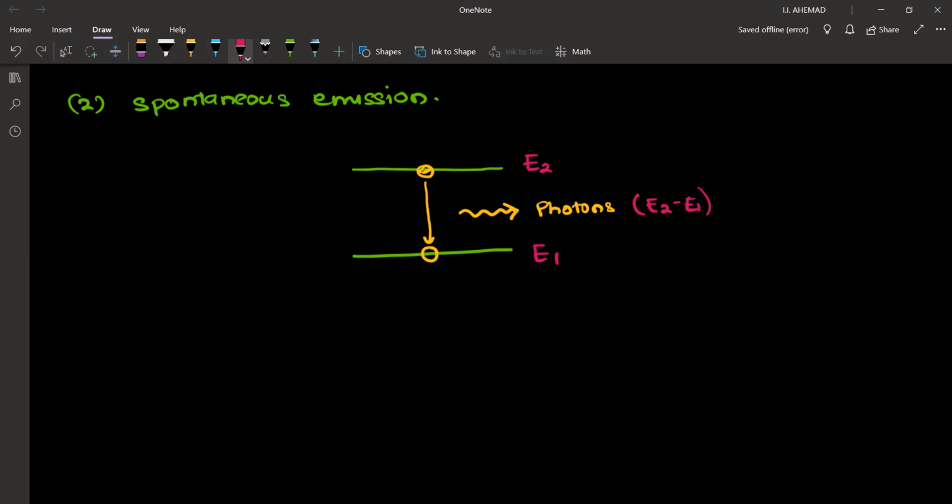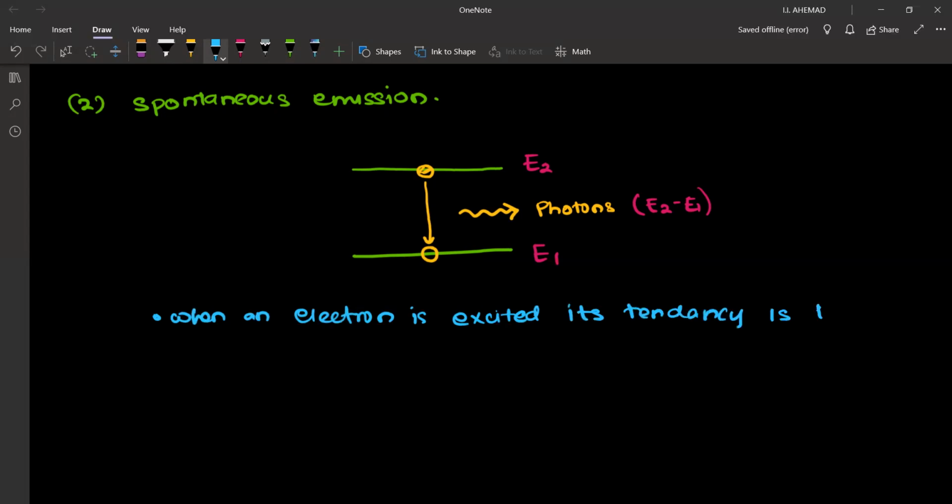Okay, so below this we can write down: when an electron is excited, its tendency is to fall back to ground state.